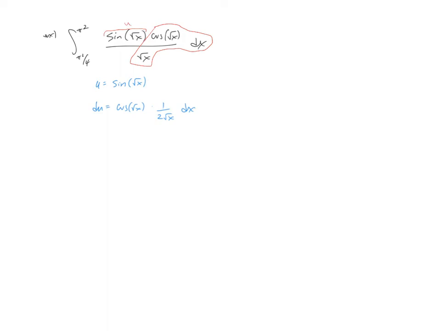And so I like the cosine, I like the 1 over root x. It looks like the only thing I need to move would be that 2. So if I move the 2 over to the other side, then I have a cosine root x over root x dx.